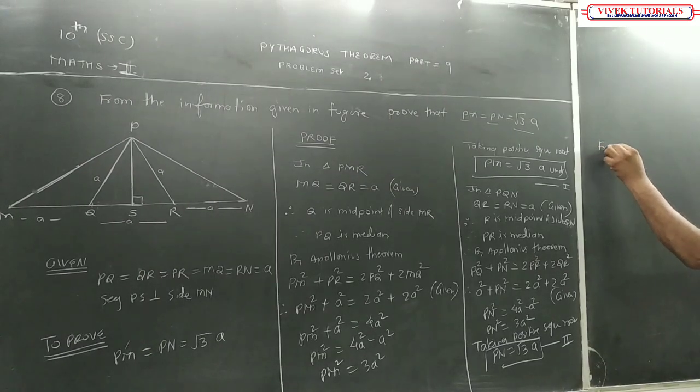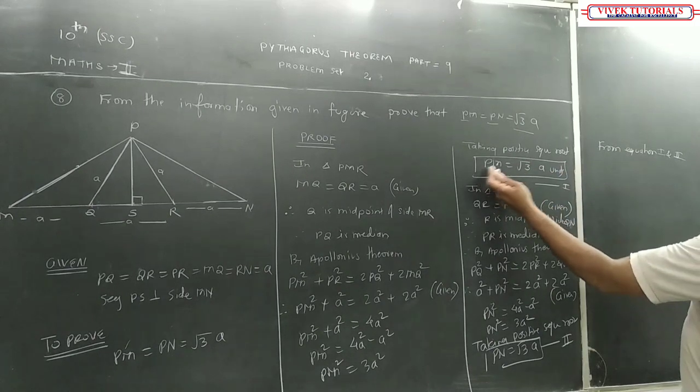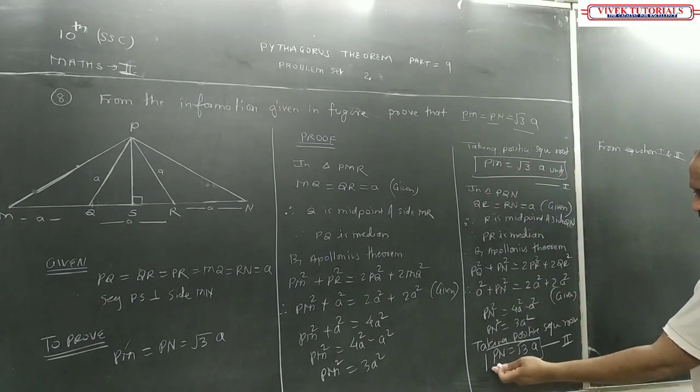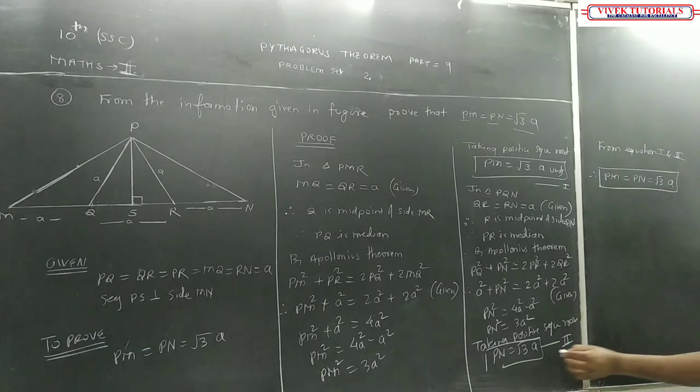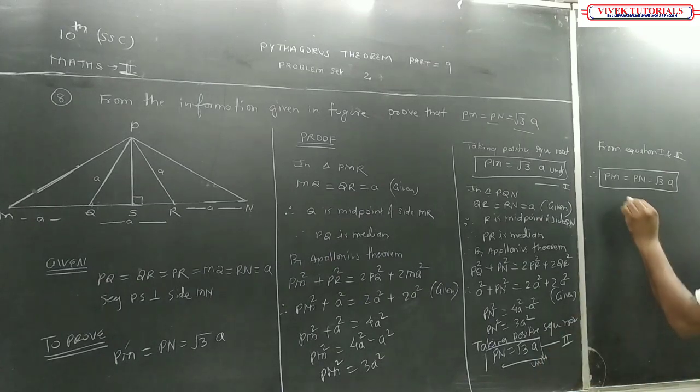So from equation 1 and 2, where is equation 1? This one, PM is equal to root 3 a, and equation 2 is PN is equal to root 3 a. What I can write is PM is equal to PN is equal to root 3 a. This is your answer. You can write units, or you can write hence proved.